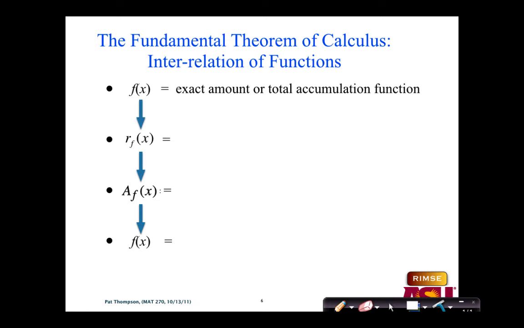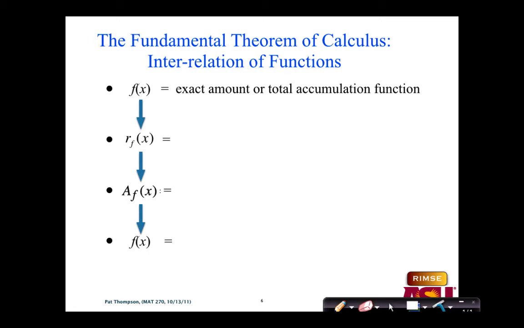So we talked about the fundamental theorem of calculus. I think it was the lecture before, and the lecture after your test. So it was last week, Tuesday, and the week before Tuesday. But all this is, it's a relationship between rate of change and accumulation functions.